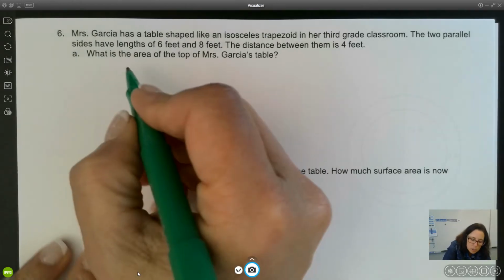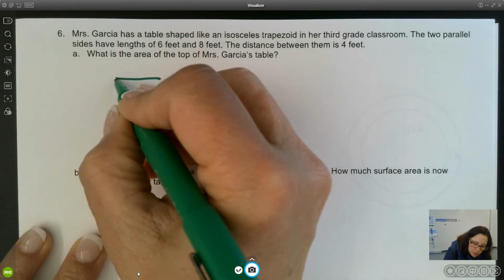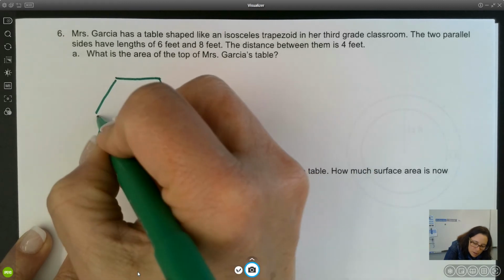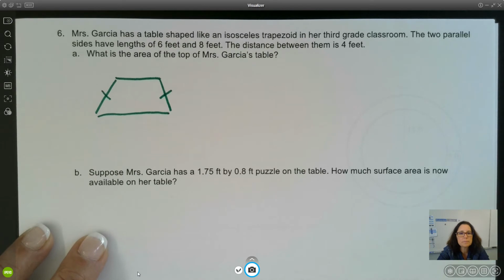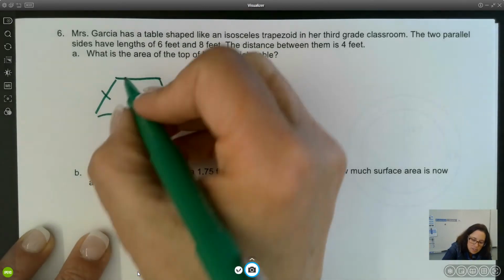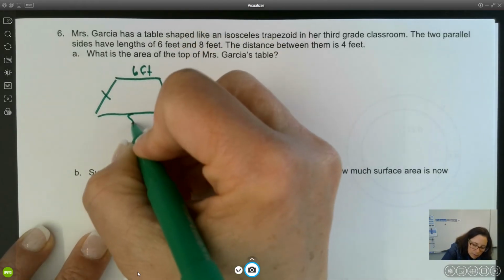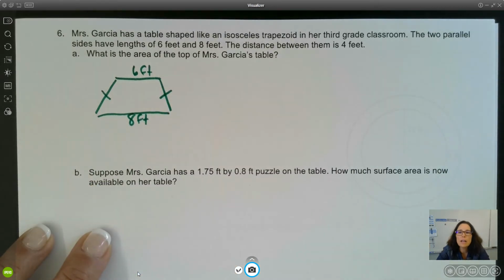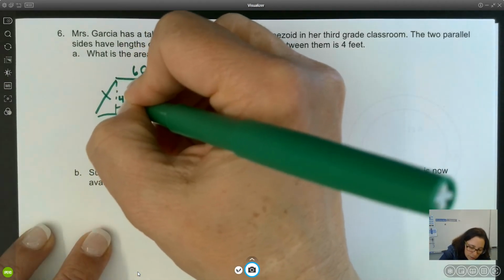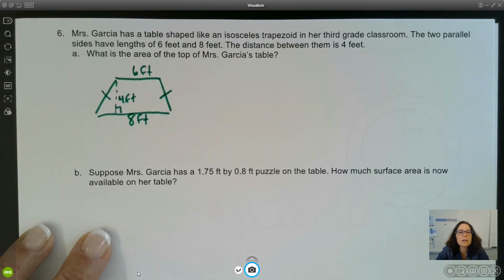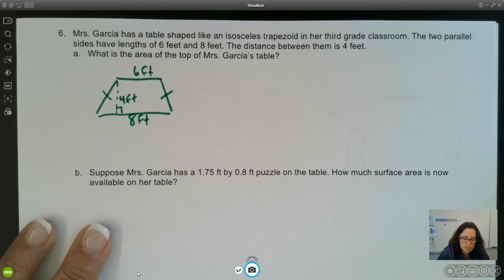The distance between them, let me go ahead and make a picture of this. These are equal, isosceles trapezoid. All right, so we've got 6 feet here and 8 feet here. And the distance between them, so that's basically saying the height is 4 feet.